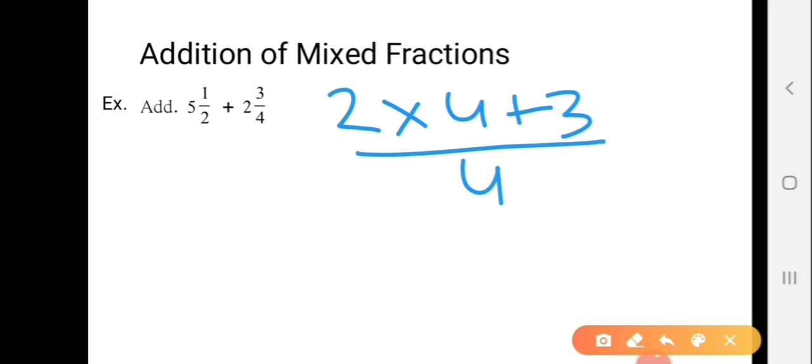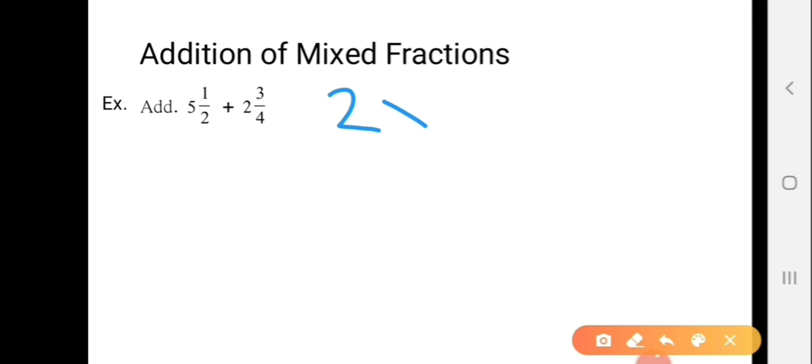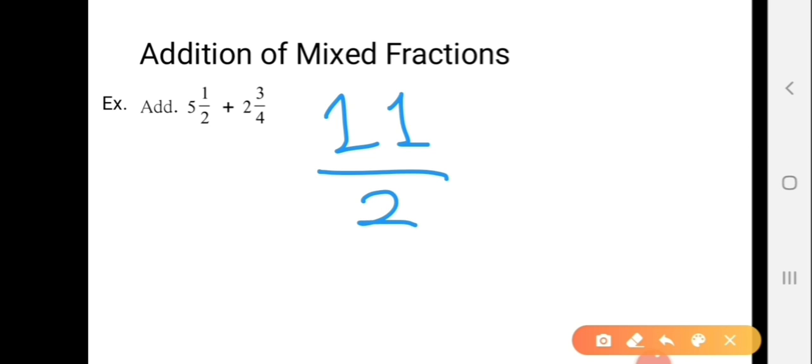The denominator remains the same. 2 multiplied by 4, 8. 8 plus 3, 11 again by 4. So I have noted down. Our first conversion came as the result 11 by 2, and the second conversion's result was 11 by 4.